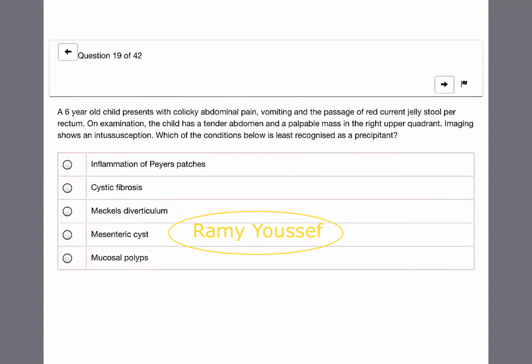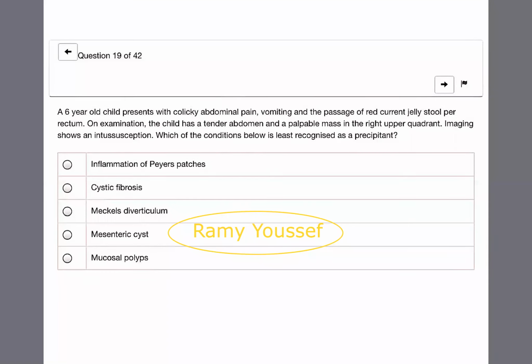On examination, the child has a tender abdomen with a palpable mass in the right upper quadrant. Imaging shows intussusception. Which of the following conditions is the least recognized as a precipitant? All of the following will cause intussusception except.